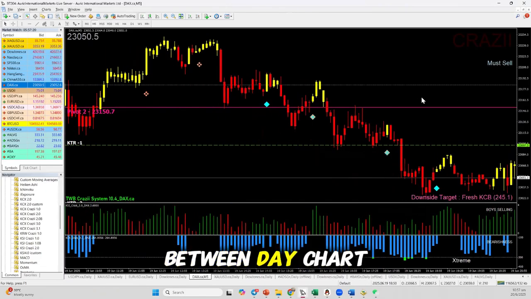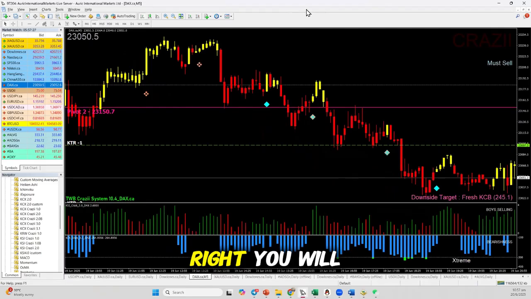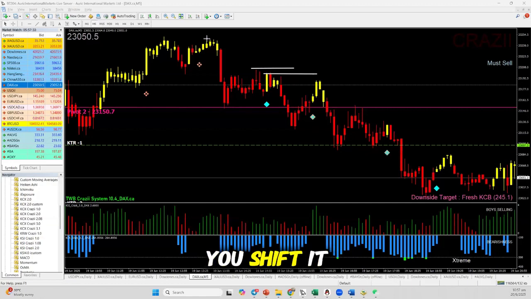Then what's the difference between day chart and intraday chart? What's the biggest difference? Okay, now you notice that when you are trading intraday chart, you will put your sell position like this, then you put your stop loss like this. If it's too near, you shift it to somewhere like that, right? So for example, if you short here itself, the stop loss can either be put here, but it's very nearby, it doesn't make much sense.